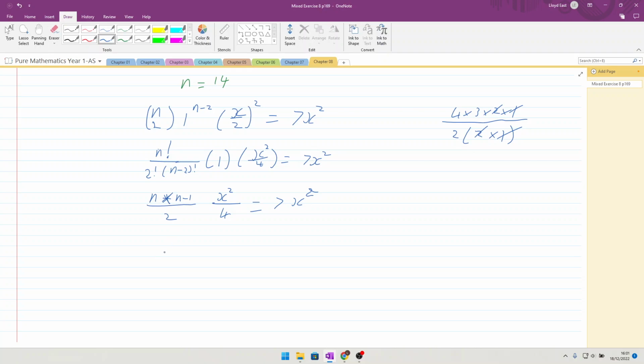So we've got n squared minus n all over 8 equals 7x squared. The x squared cancels, so we've got n squared minus n equals 7 times 8, which is 56.